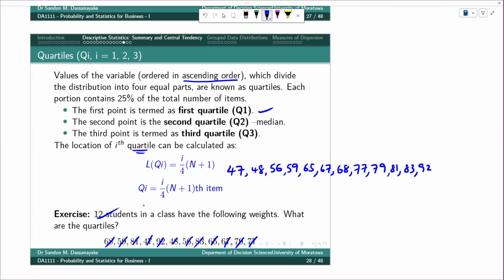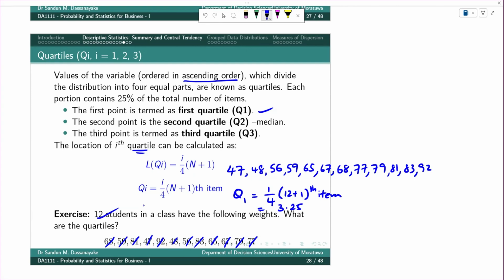What are the quartiles? Now, Q1 is going to be 1 over 4 times (12 plus 1) items. That's going to be 13 divided by 4, which is 3.25.